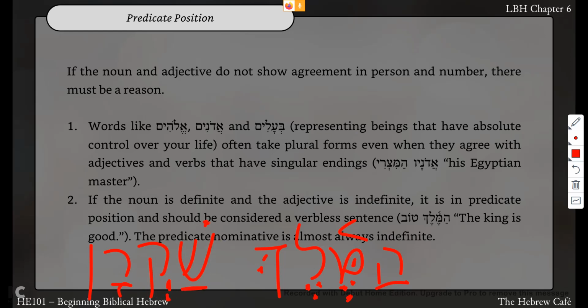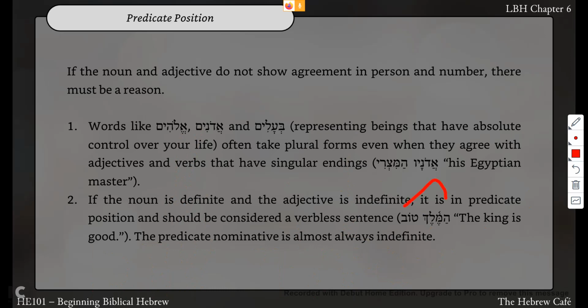HaMelech Shakran. The king is a liar. And this noun is indefinite because it's normal to say the king, definite, is a liar, indefinite. So there's a mismatch. It could be with adjectives or nouns that are predicate. Okay? Predicate meaning after the word is. The king is good. The king is tall. HaMelech Gavoa. The king is powerful.